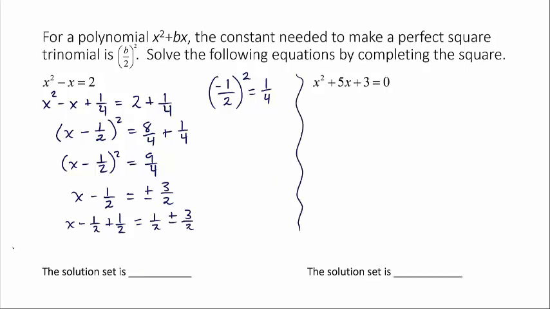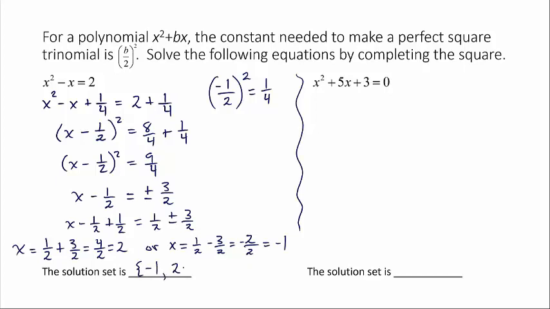So we've got 1/2 plus 3/2, which is 4/2, which is 2. Or x is equal to 1/2 minus 3/2, which is equal to -2 over 2, which is equal to -1. So the solution set is -1, 2.